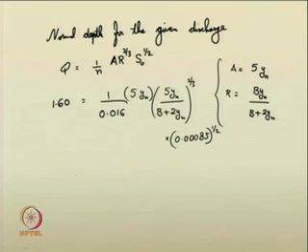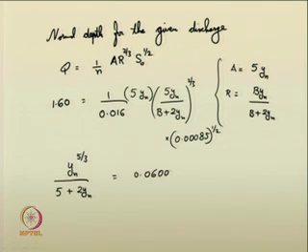So, you rearrange the things, you will get y n to the power of 5 by 3 by 5 plus 2 y n, this is equal to 0.060059.